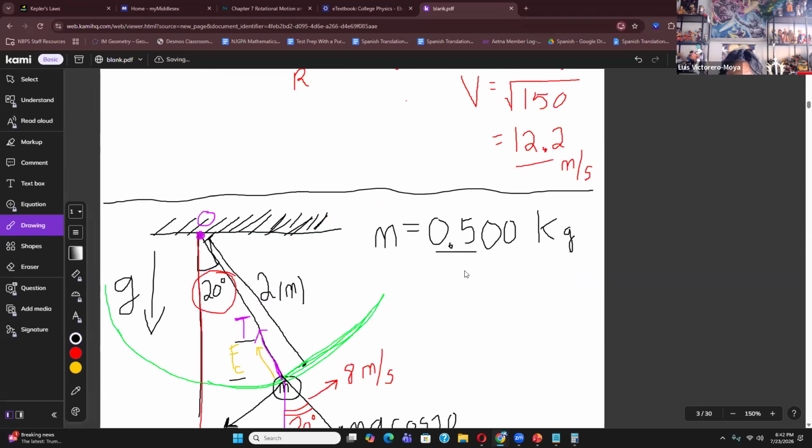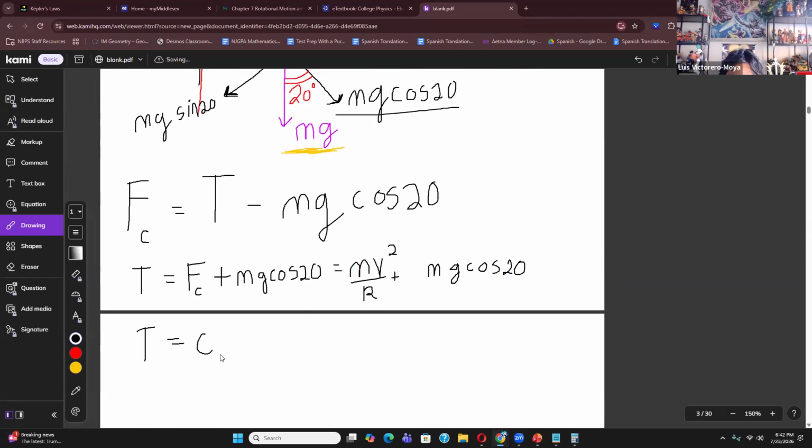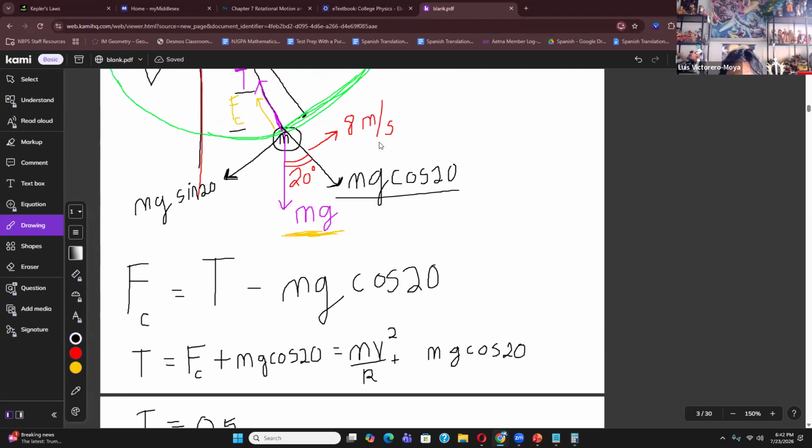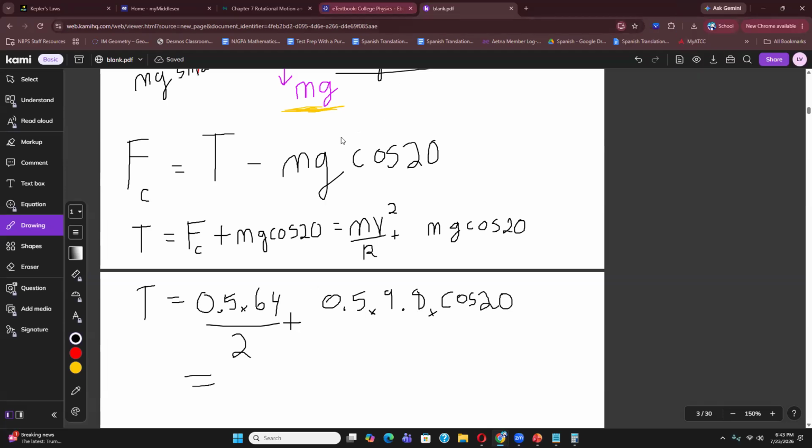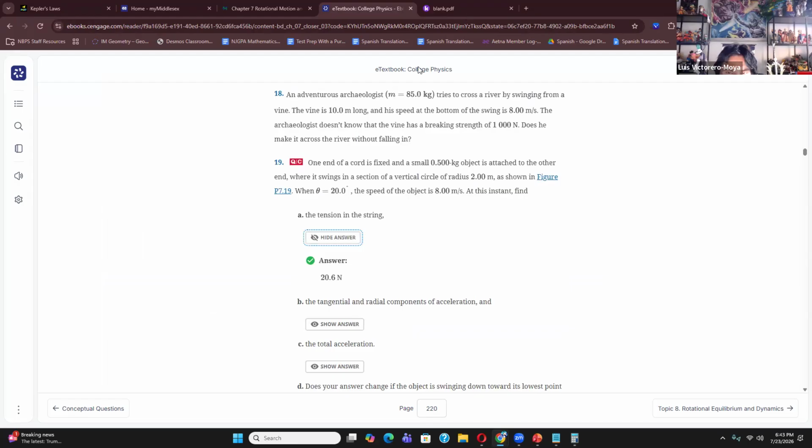Mass is 0.500, or just 0.5. V squared is 8 squared, 64, divided by the radius 2, plus mg times cosine of 20. All right, so can anybody do this quickly? 20.6. 20.6, perfect. There it is.